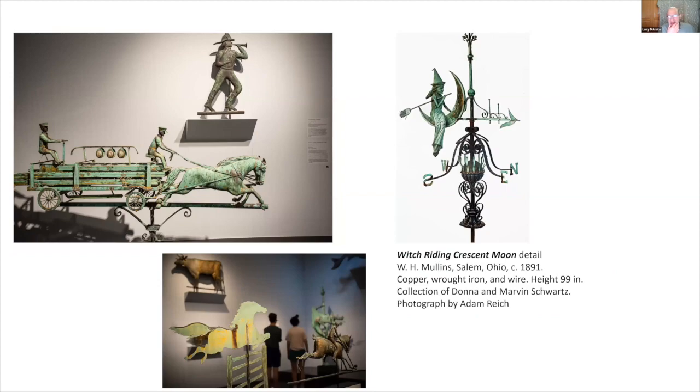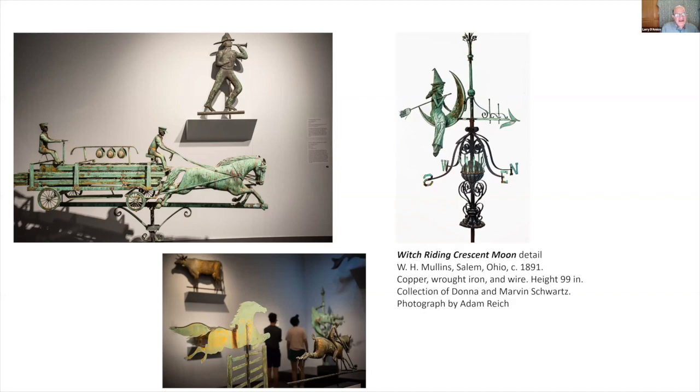Okay. And as the turn of the century came along, horses kind of got left out of the scene because cars started to take over. Now, they were still doing these really detailed weather vanes, which are quite incredible.